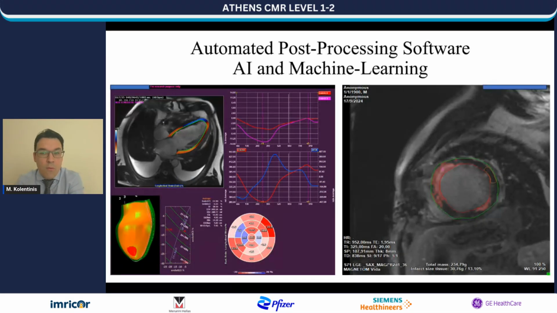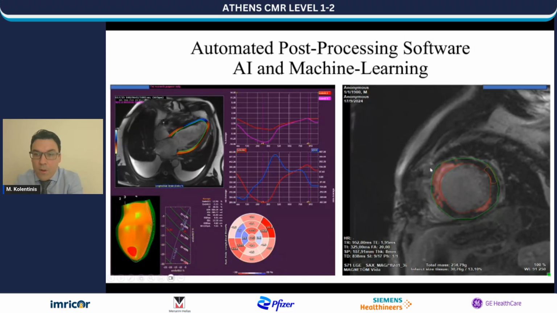Automatic post-processing software, this is one I use, AI and machine learning derived. You can perform also automatic LGE measurement, and of course feature tracking in this left image.